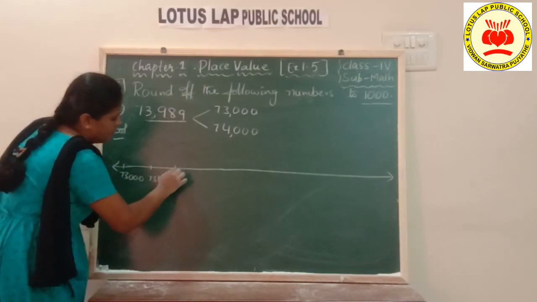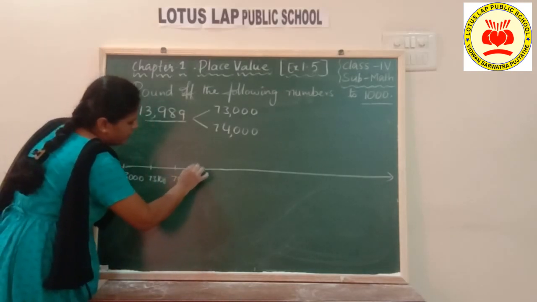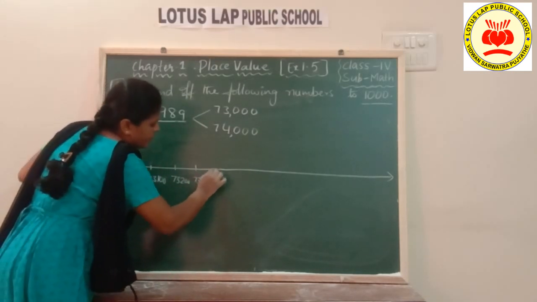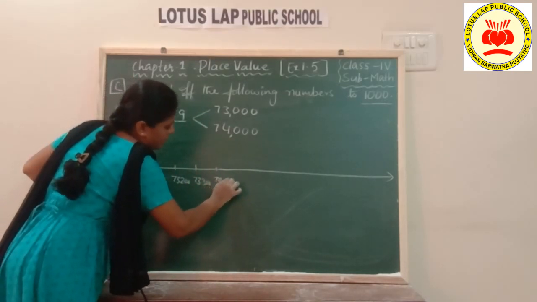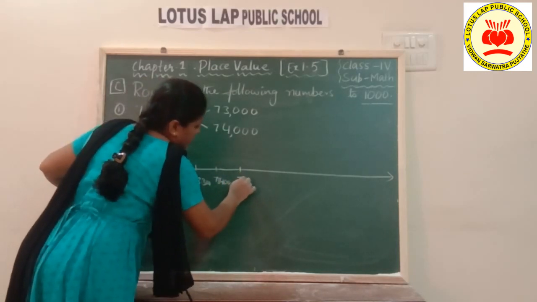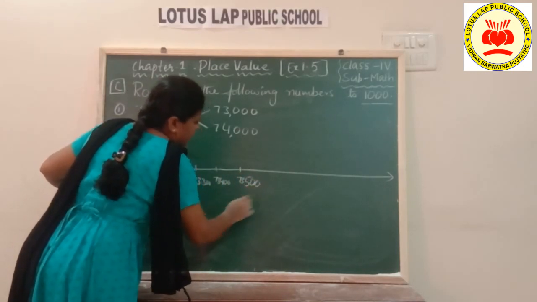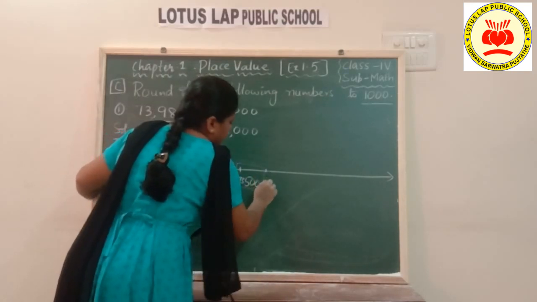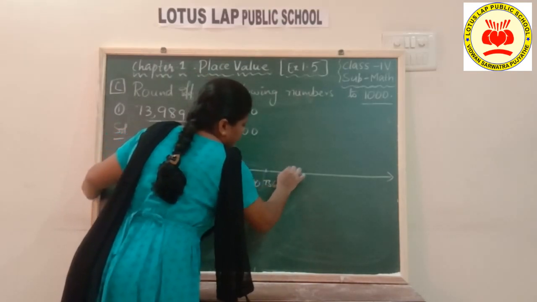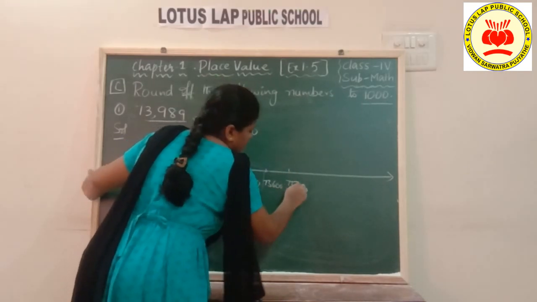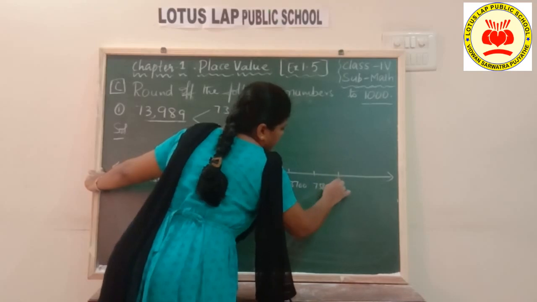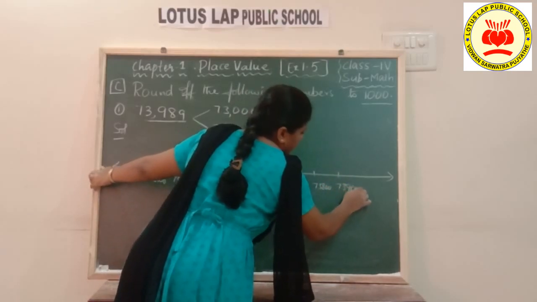Okay. So 73,100, 200, 300, 400, 500. 73,500 is the middle number, children. 700, 800, 73,900.